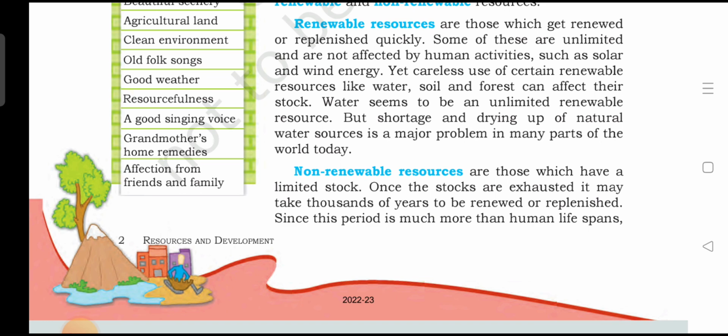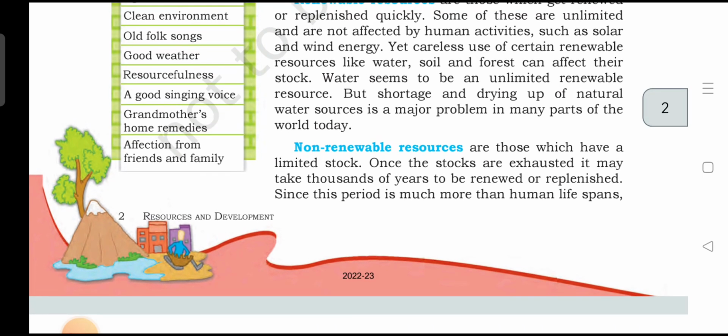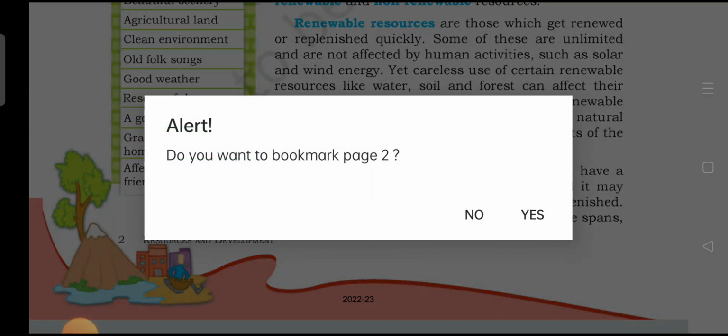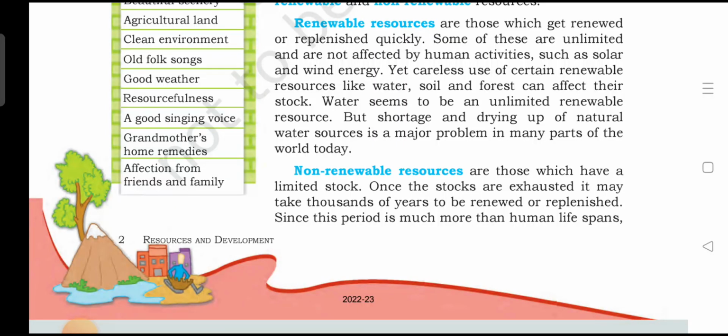Once the stock is exhausted, what is the meaning of exhausted? It means finished. Exhausted also means that you are very tired, right? It may take thousands of years to be renewed or replenished. Replenish means, dear children, it comes back again to nature. So you have to use these resources wisely.